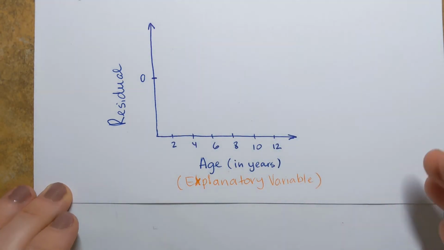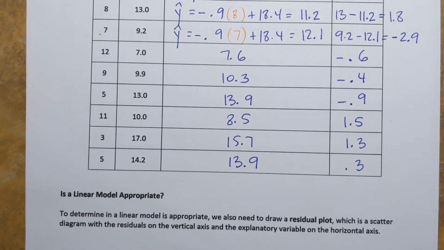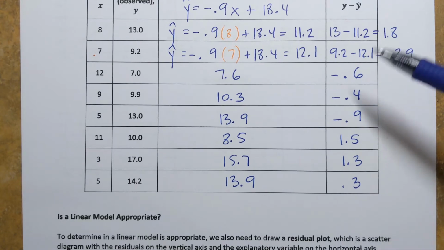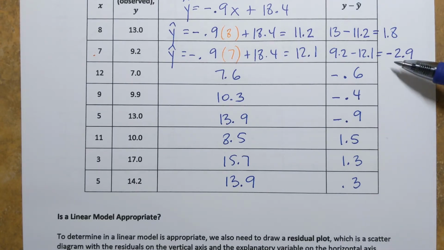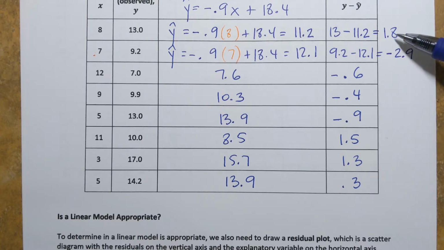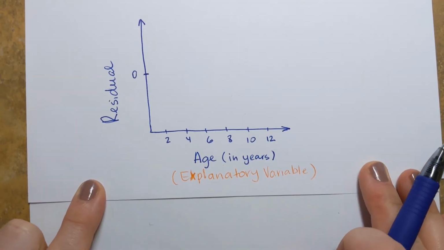Let's look at the range of the residuals in our example, so that we know how far to count on the vertical axis. It looks like the smallest number is negative 2.9, so I can go down to, let's say, negative 3, and the highest positive value is 1.8, I think, right? So let's do numbers between negative 3 and positive 3.